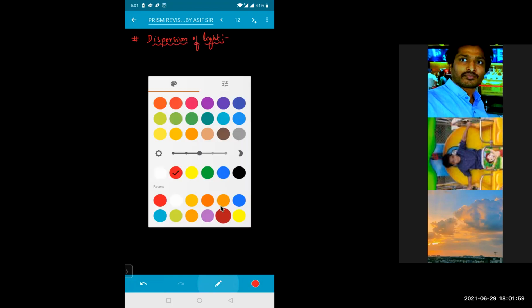Splitting of white light into its constituent colors on passing through a prism.